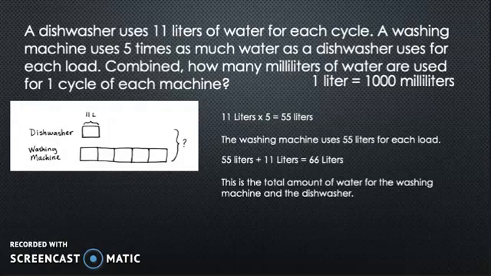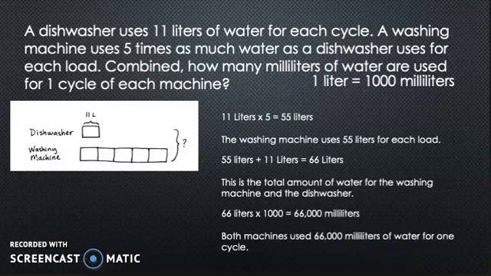This is the total amount of water used for the washing machine and the dishwasher. Last, I needed to convert those liters into milliliters, and I know that 1 liter equals 1,000 milliliters. So I multiplied 66 liters times 1,000 to get 66,000 milliliters of water. Both machines used 66,000 milliliters of water for one cycle.